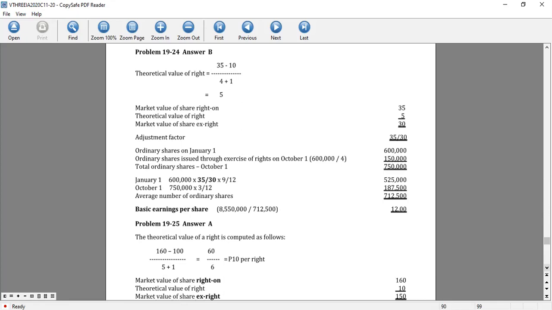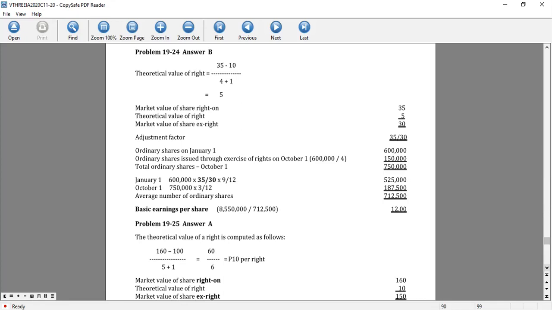So we have 25 divided by 5, or 5. The market value of share rights on is 35. Theoretical value of right is 5. So we have the total of 30. Adjustment factor is 35 divided by 30.